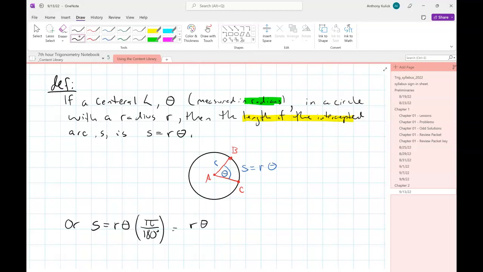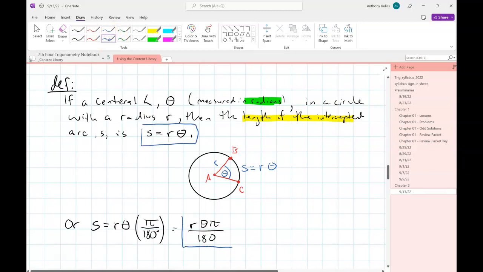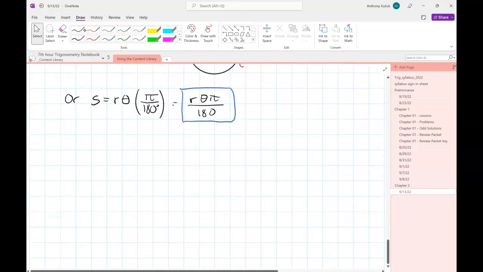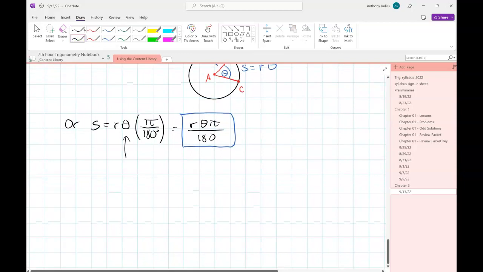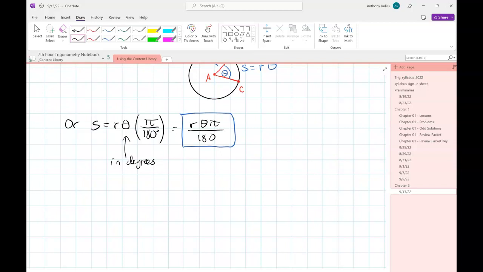Or you could write this as R theta pi over 180. So the unit that the angle is measured in directly affects the formula that I'm going to use to calculate this arc length.